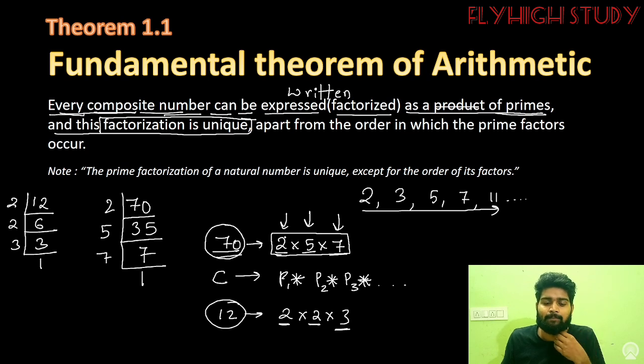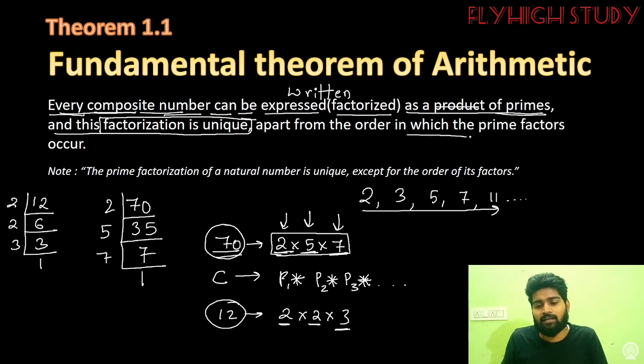That's what they're saying. Except 2, 5, 7, you don't have any other set of prime numbers. That's what unique means. You won't get another one. Okay. So that is the part they're telling.